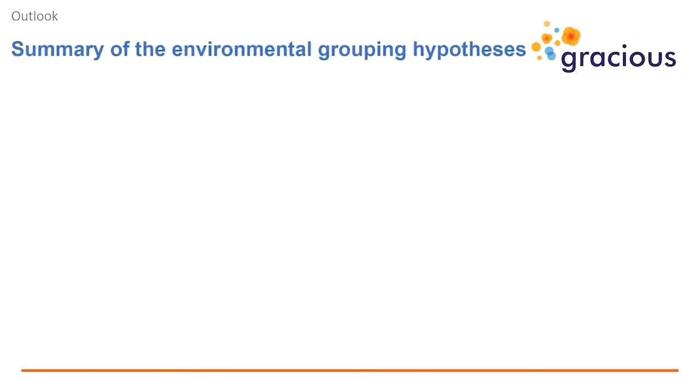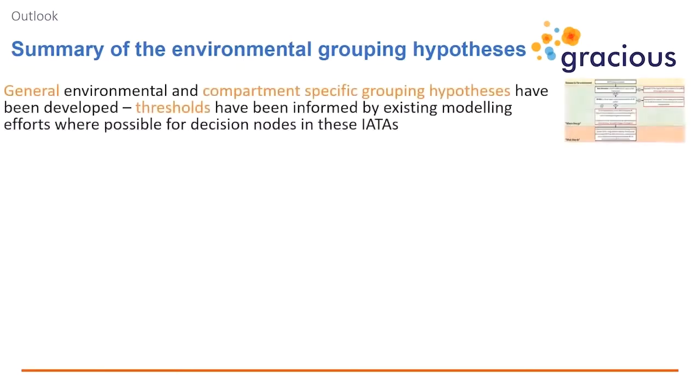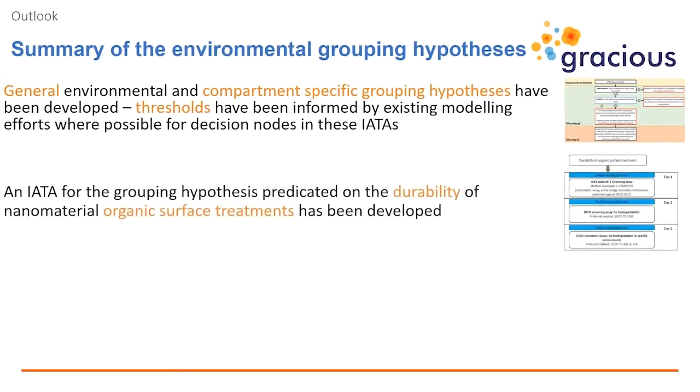So to recap and summarize, general environmental and compartment-specific grouping hypotheses have been developed, and the thresholds for these IATAs have been informed by existing modeling efforts where possible to allow us to answer decision nodes in these IATAs. Specifically for our example of coating degradation, an IATA for this grouping hypothesis based on the durability of your organic surface treatments has been developed.